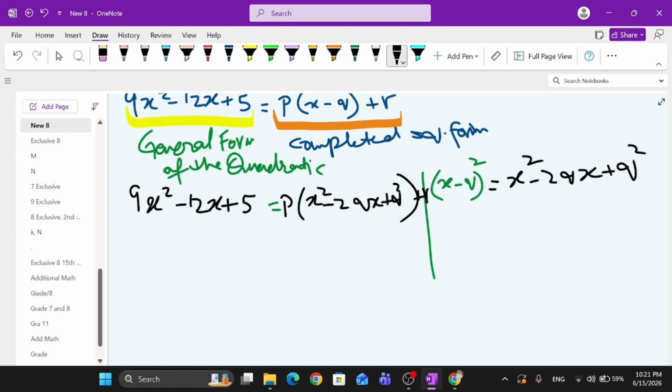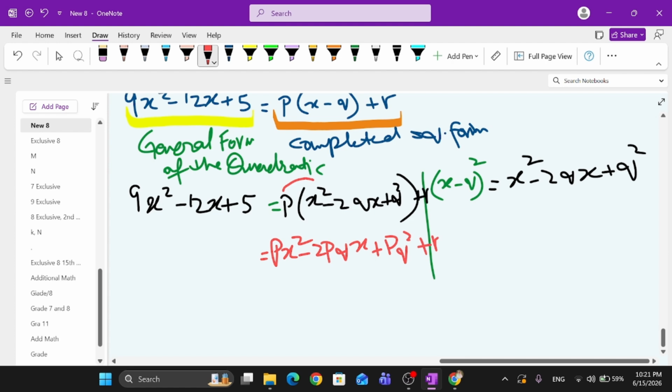The same terms' coefficients we are going to compare, and we are going to look for the values of P, Q, and R. So our next step is to multiply P with everything inside the bracket: P x square, negative 2PQx, and positive P Q square, and plus R. So I have expanded this whole thing, and on this side we have 9x square negative 12x plus 5.